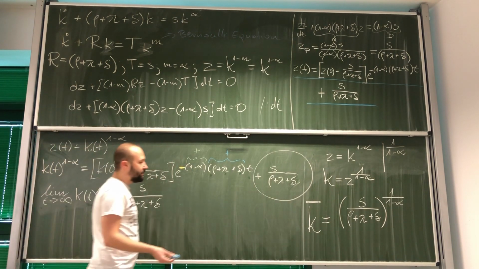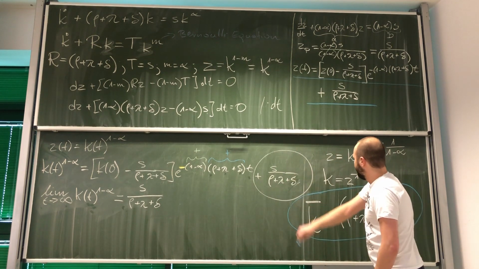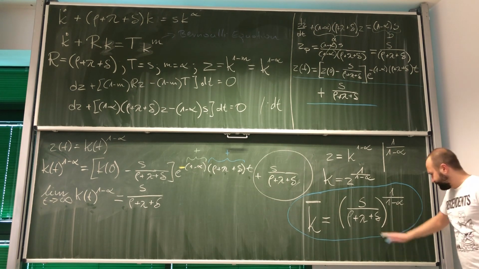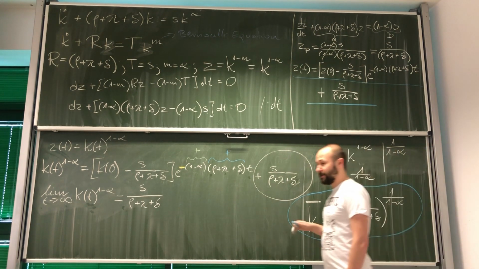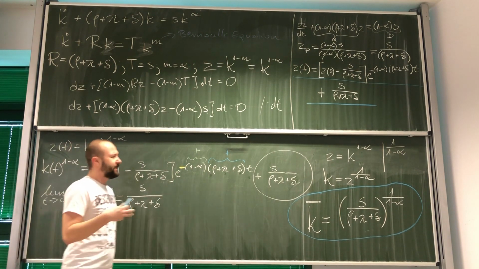So, as you see, once we know how to use the Bernoulli equation, finding a steady state level of capital in the Solow Growth model is really easy.